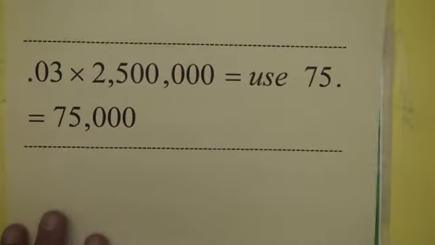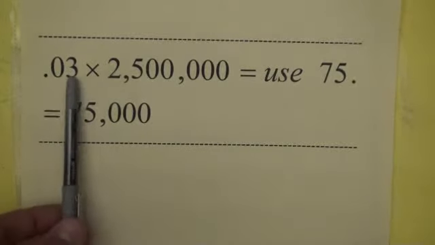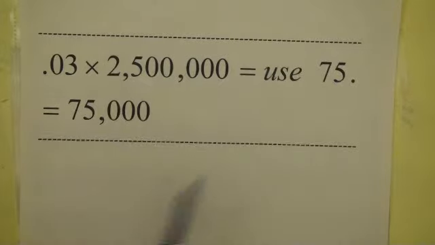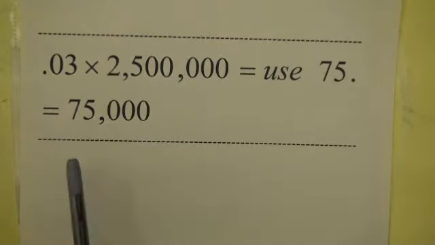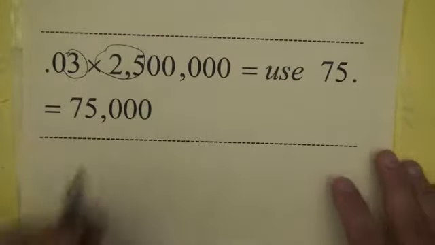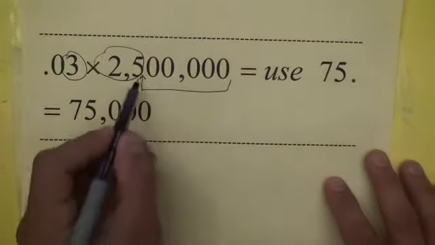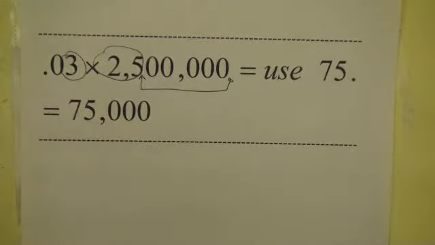And then the last one, we have 3 100ths times 2.5 million. We're going to use 3 and 25 to get 75. So we get 75. Because we used 25 and 3, we need to move the decimal back here. So we move the decimal right after the 5.